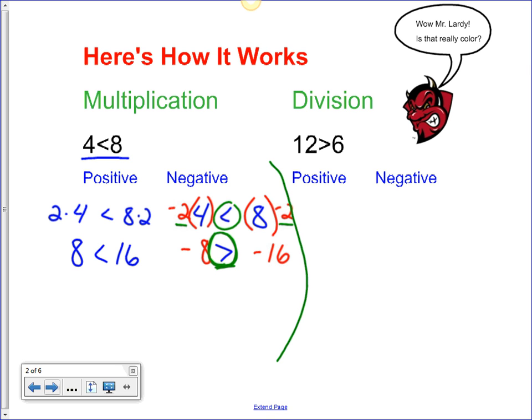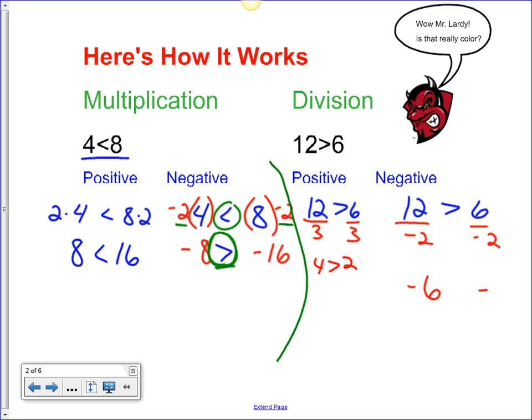Okay. Next thing, if we switch to division. So we start with the true inequality, which is 12 is greater than 6. If you divide both sides by 3, you would now have 4 is greater than 2. Still a true inequality. So if we divide by a positive, we don't have to worry about anything. Now, if we start again with our true inequality, and we divide by negatives this time, let's say a negative 2, I would get a negative 6 over here, I'd get a negative 3 over here.